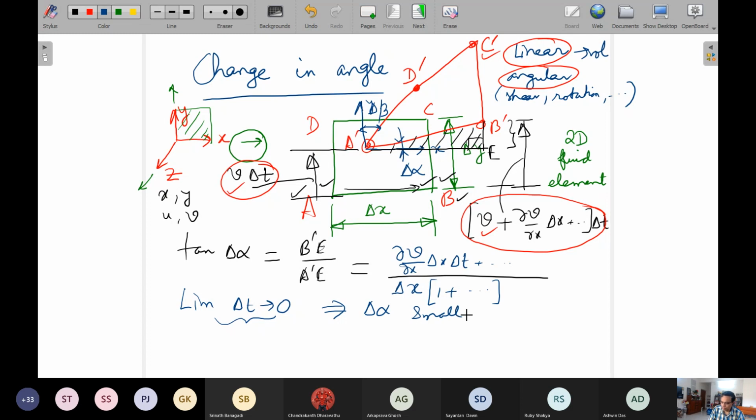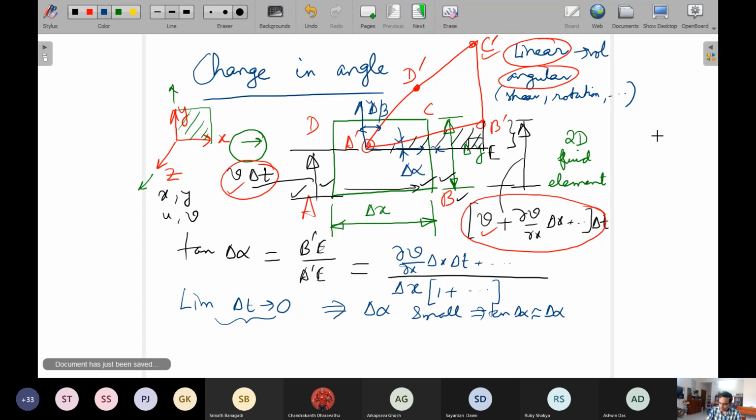So if delta alpha is small, then you can write that tan of delta alpha is as good as delta alpha, if you just recall your basic high school study. When theta is small, sine theta, tan theta, etc., are all limitingly the same. And why, it is quite clear.